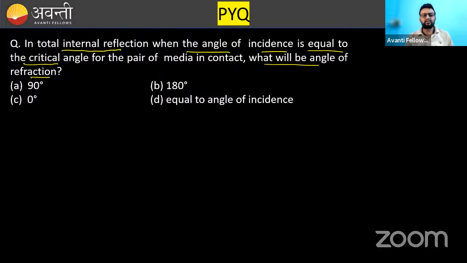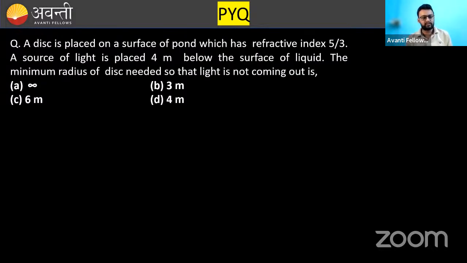A. Everybody is saying A. Very good. This is a simple basic question based on the concept that I have told you: if the angle of incidence is the critical angle, then the angle of refraction will be 90 degrees. Very good. Next question. This is a good question. Now listen to me. Very good, Veena.